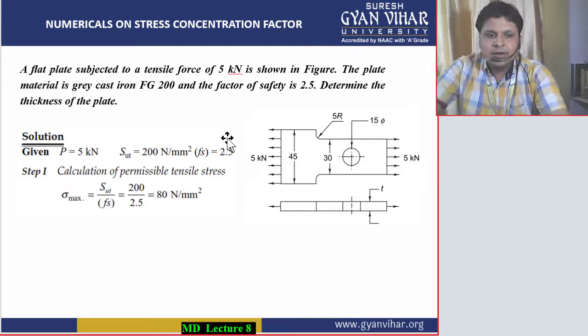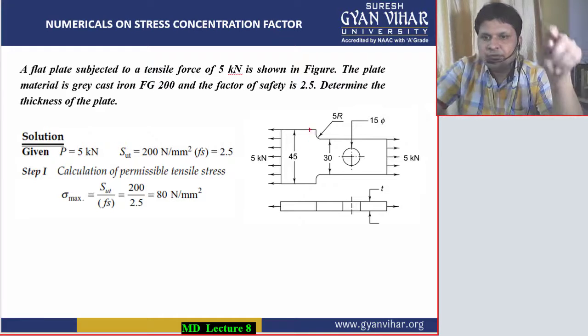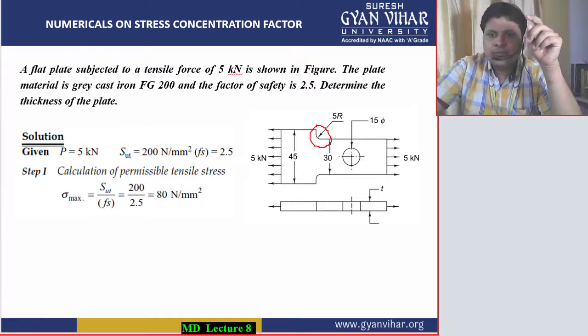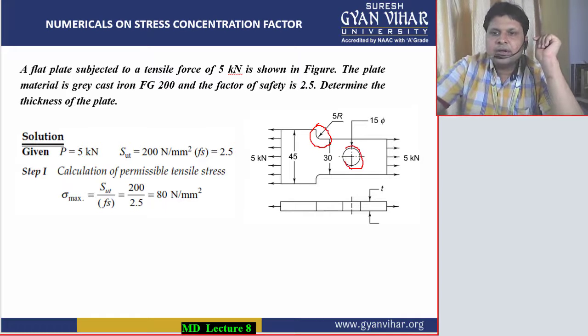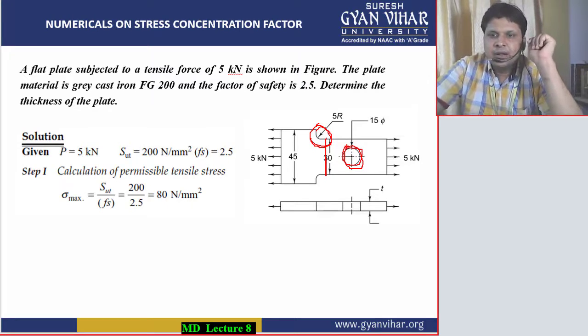Both are acting as stress raisers, but where is the stress value higher, at this location or at this location? Wherever the stress value is higher, for example at the hole portion, we will consider the stress at that location.